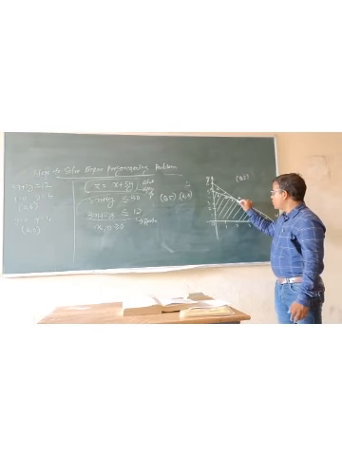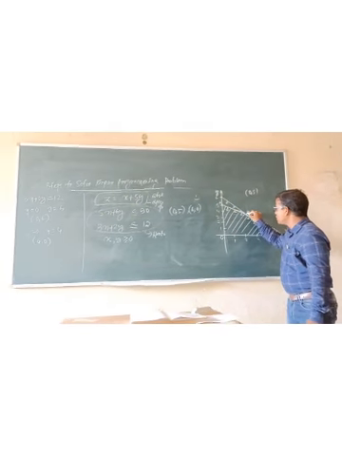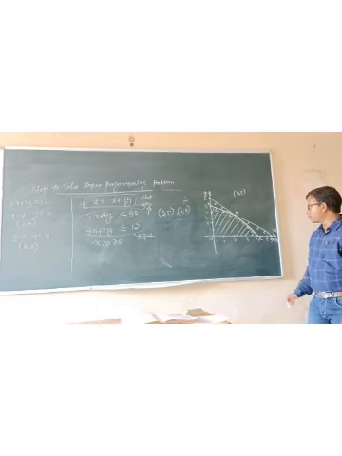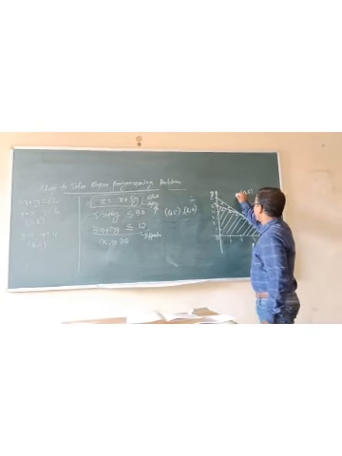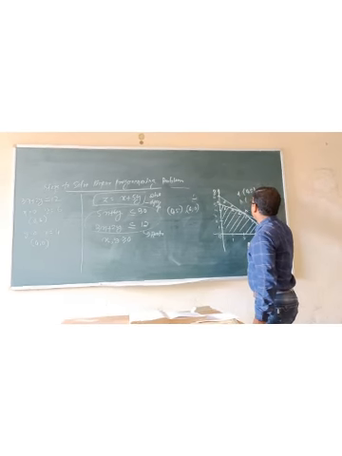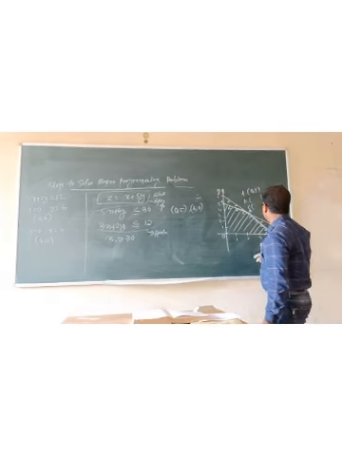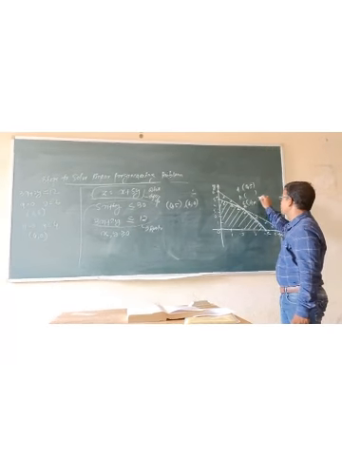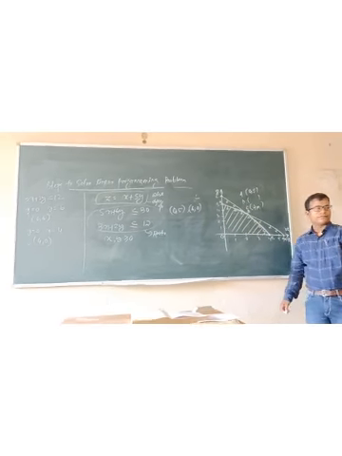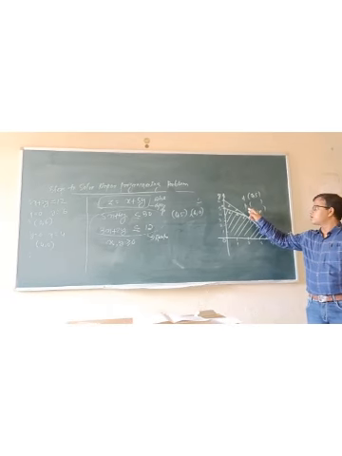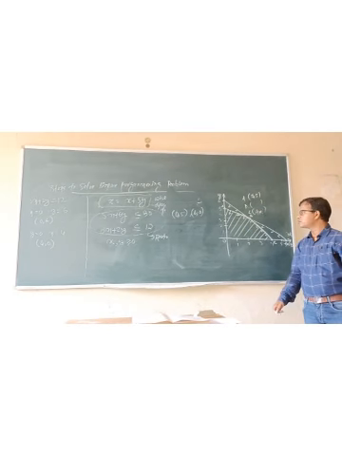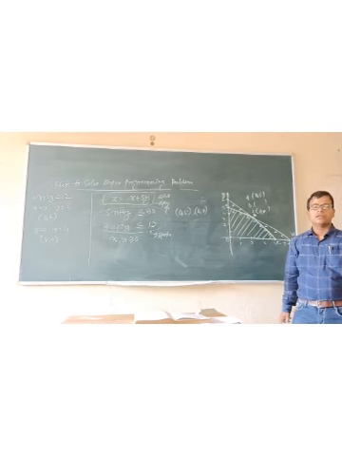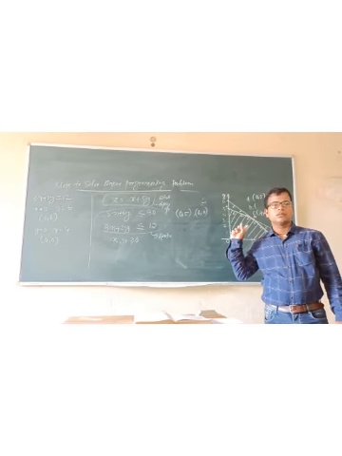So from the graph paper, we can easily find the value of B point. This is your A point and B point and C point. C point, that is your 4, 0. Okay. What is the value of B point? If you plot in the graph paper, then you can find the value of B point.